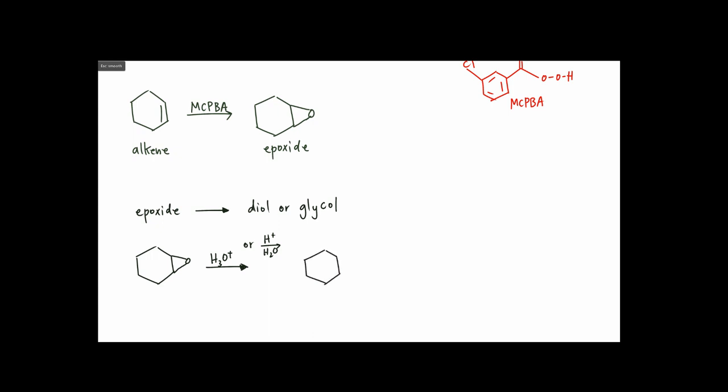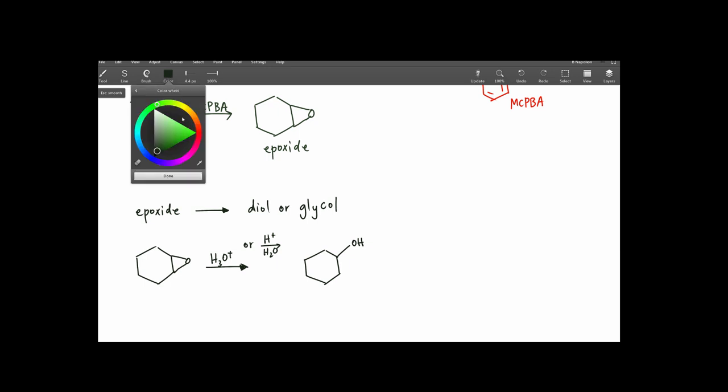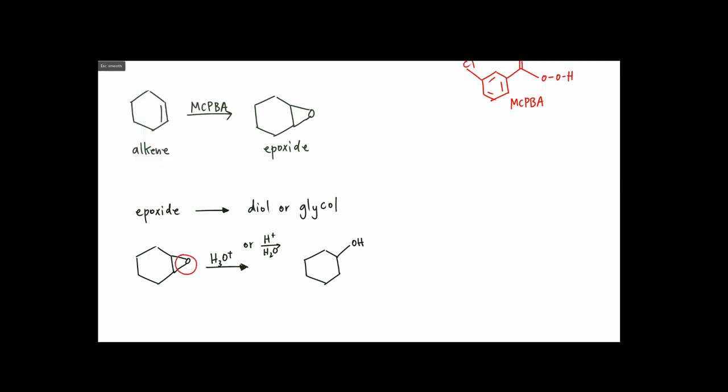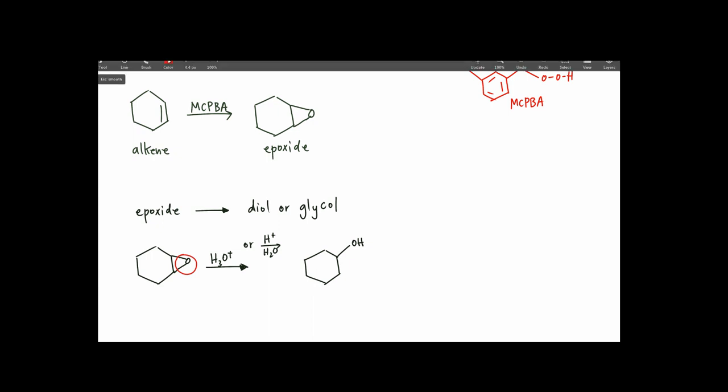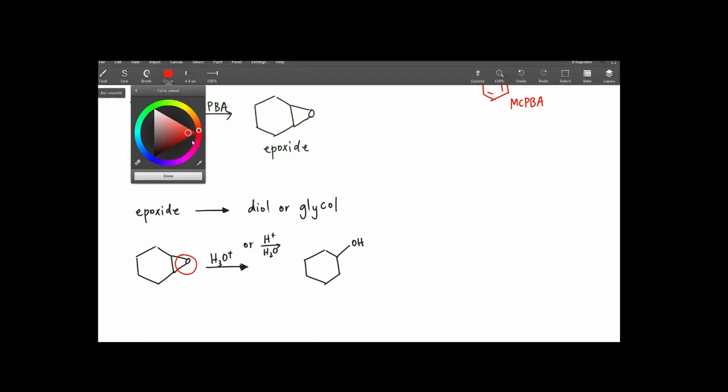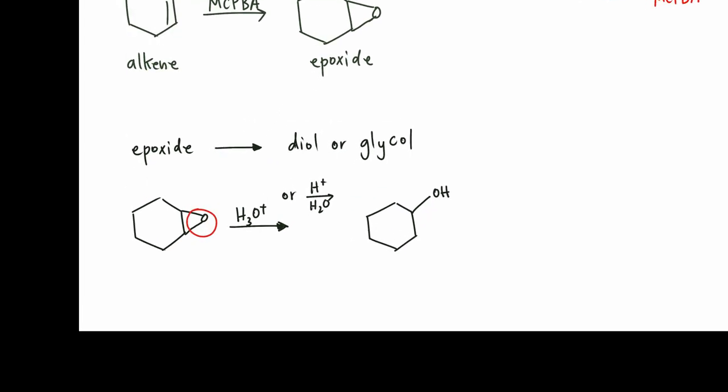Now, what you're going to do when you react that with an epoxide is I'm going to make one side where the epoxide is. One side's going to be OH in that triangle, and the other side is going to be an OH.